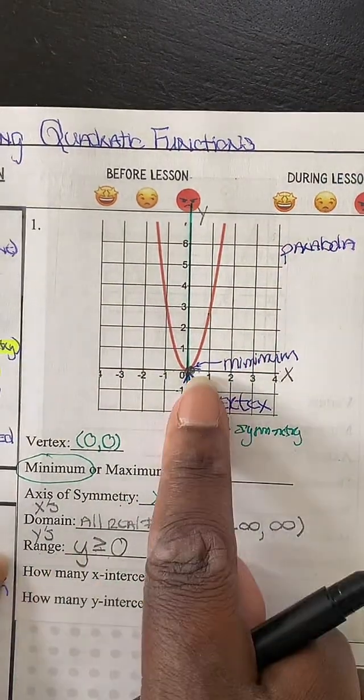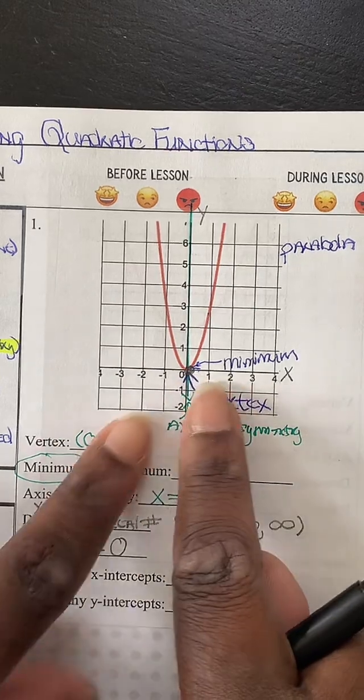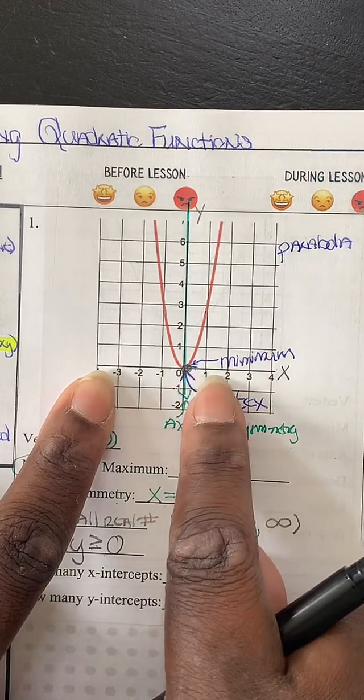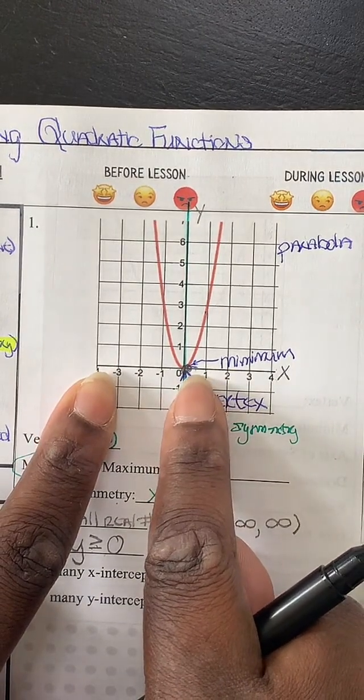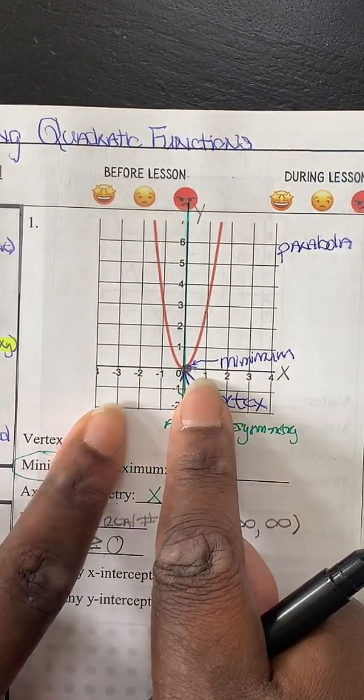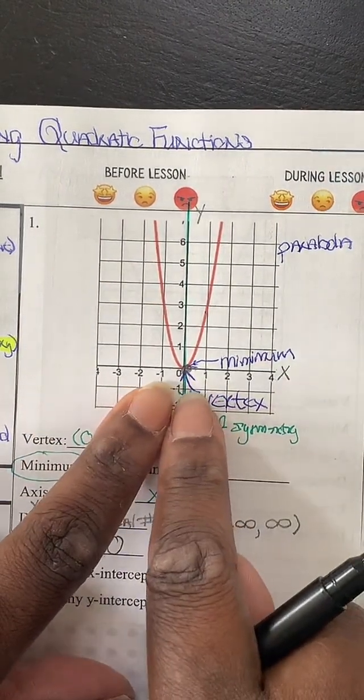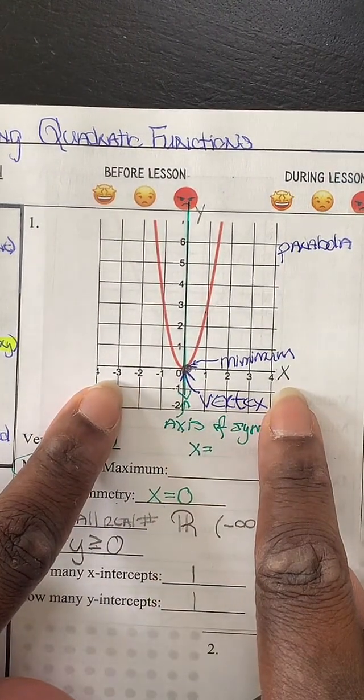So when we're looking at the domain, we're looking at all values of x. That means the whole numbers, and the numbers in between 0 and 1 in the positive section, also in the negative section. So we're looking at all real numbers.